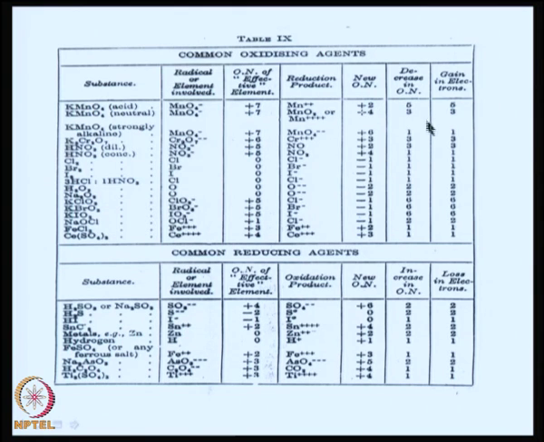That means, the decrease in the oxidation number is 5. That means, gain in electrons is 5. That means, it requires 5 electrons for this reaction to proceed. So, this is a very strong oxidizing agent in our experience.